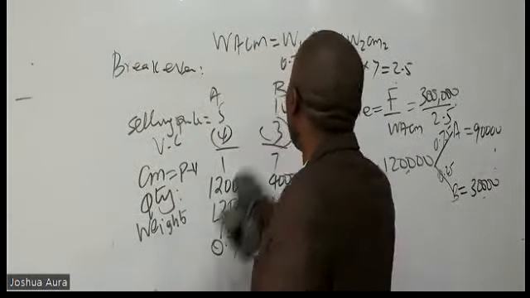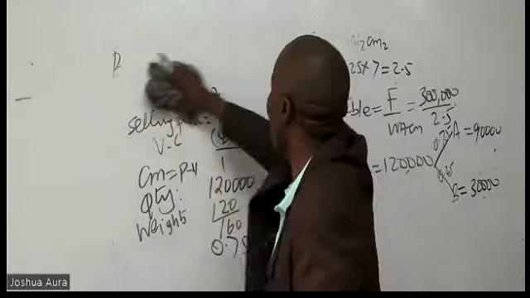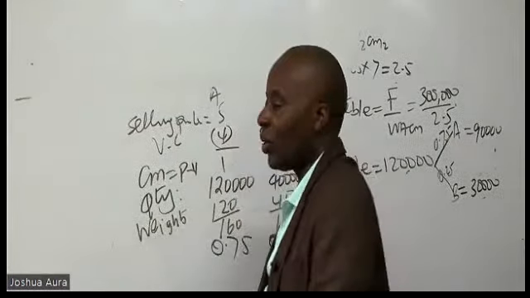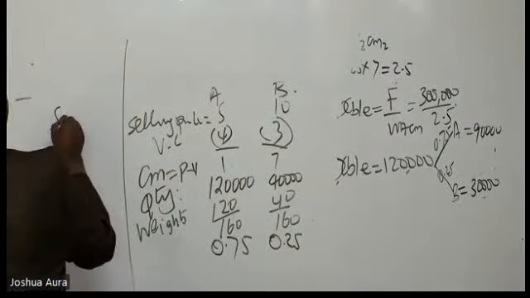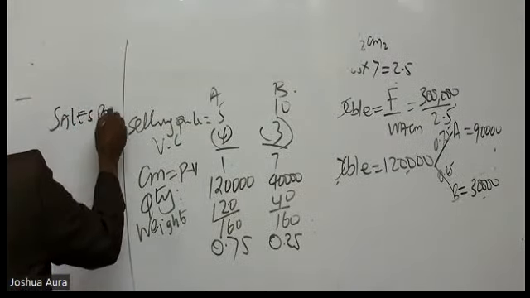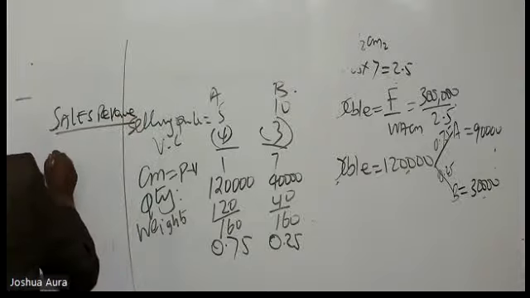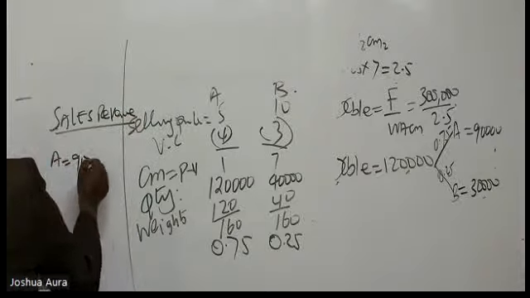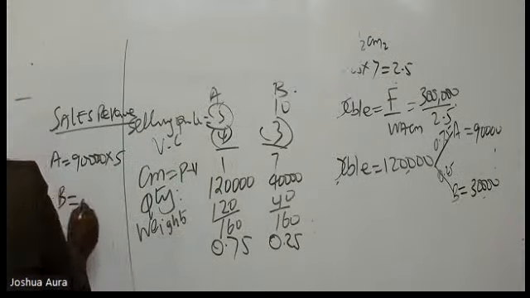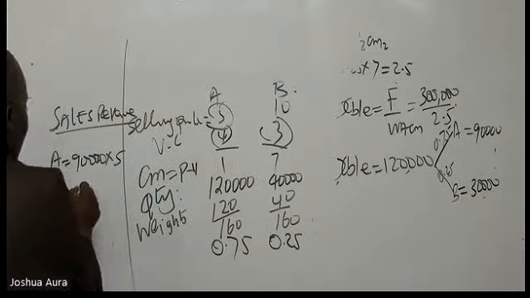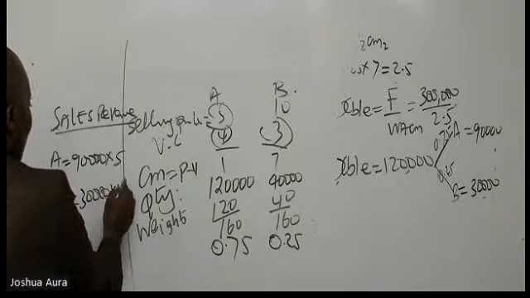So in this particular case, ladies and gentlemen, sales revenue, you'll forgive me, my board is quite disorganized. If it is A, I will take 90,000 times the selling price, which is 5. If it's B, I will take 30,000 times 4.